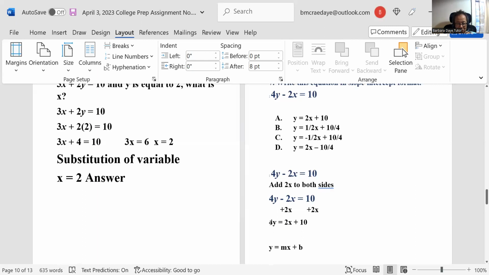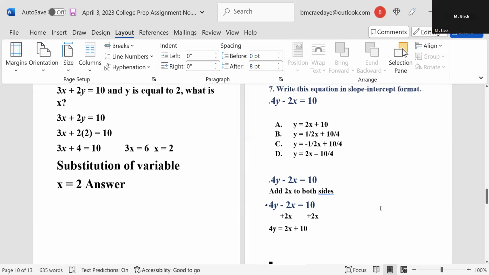Miss, I don't understand that. 4y equals 2x plus 10. I don't understand why you put the 2x in front of the 10. Well, 10 plus 2x is the same as 2x plus 10. Same thing. I'm putting it this way because my mx is mx plus the constant.